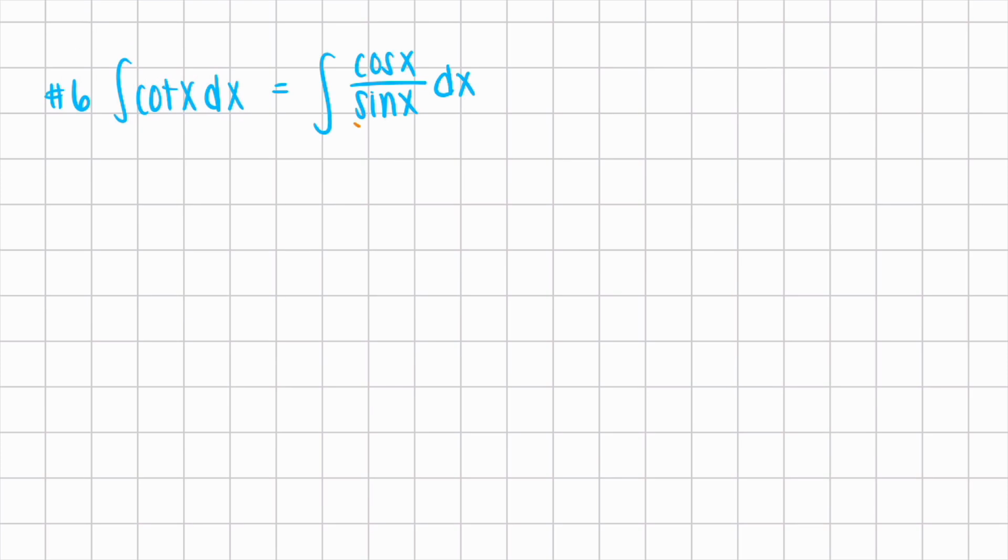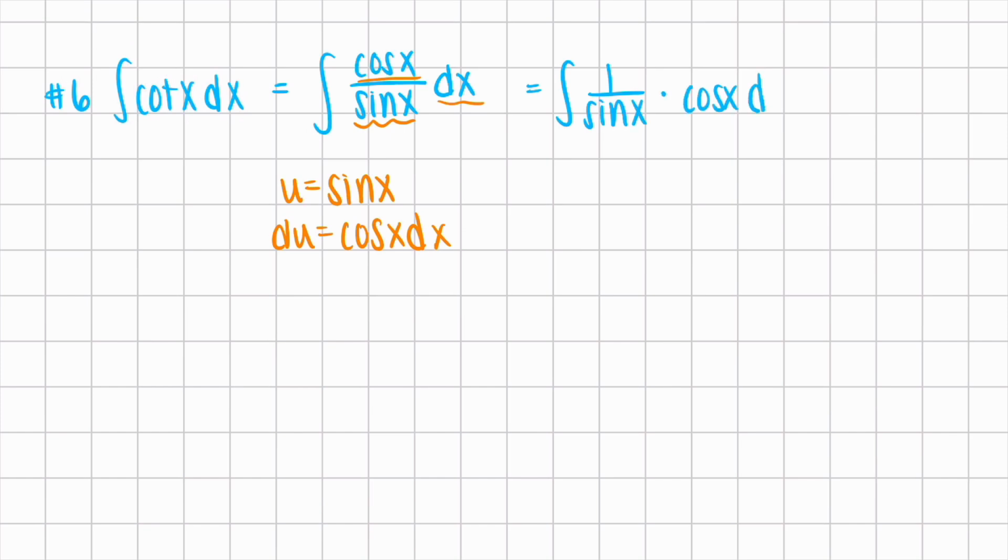Now I would say sine is in a denominator, so let's make u equal to sine of x. That means du is cosine of x dx. And notice that du is already in your problem. So we can rewrite it one more time to make it make more sense, hopefully. I have 1 over sine of x, and then I'm going to move my cosine of x over.